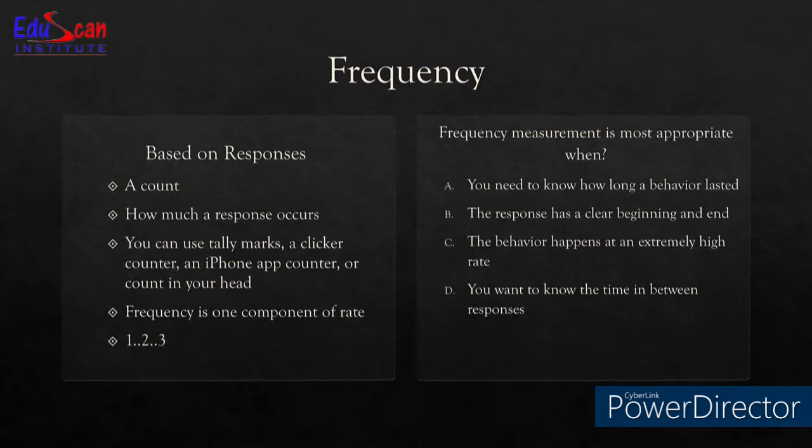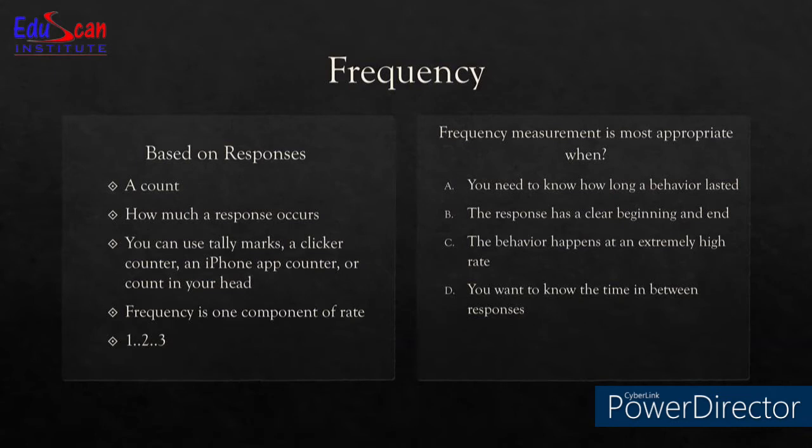You can use tally marks, clicker counters, an iPhone app counter, or even count in your head, though I don't recommend that. It's not as accurate as using an actual tool, but it is the simplest way to measure anything. Frequency is just one component of rate.